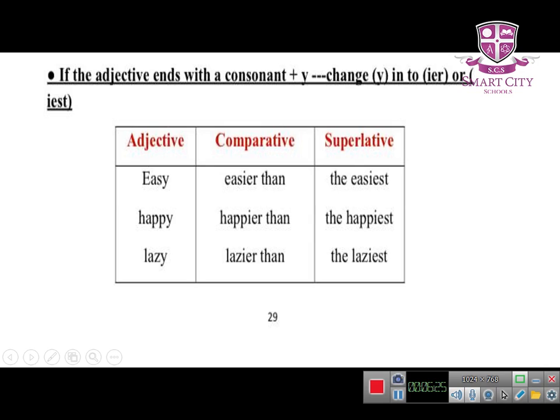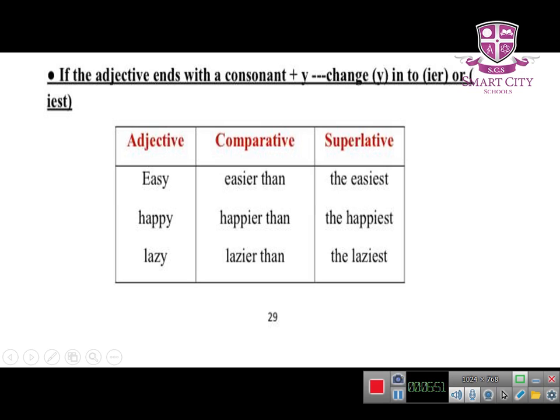And if the adjective ends with a consonant, then y, like easy, happy, lazy, we remove the y and we add ier in the comparative adjectives or iest in the superlative adjectives. Like easy is going to be easier, and easiest.